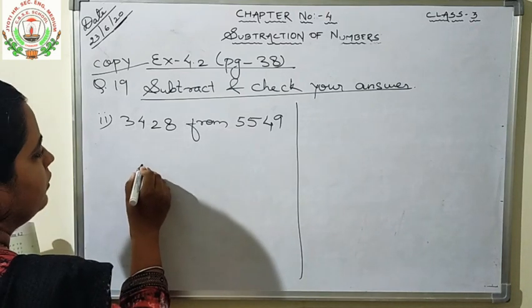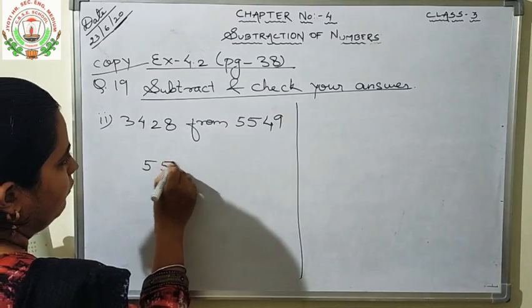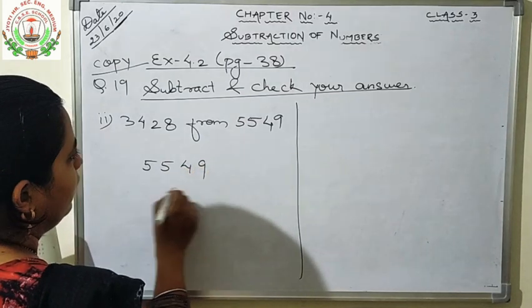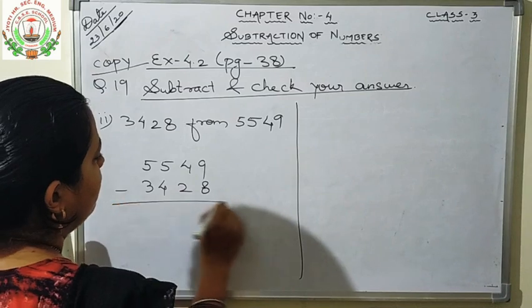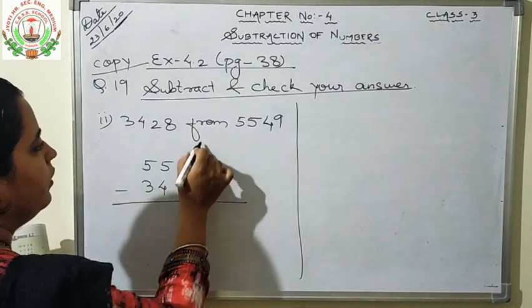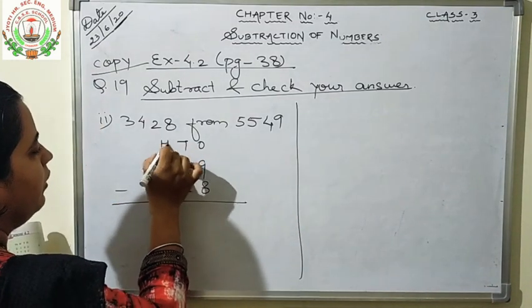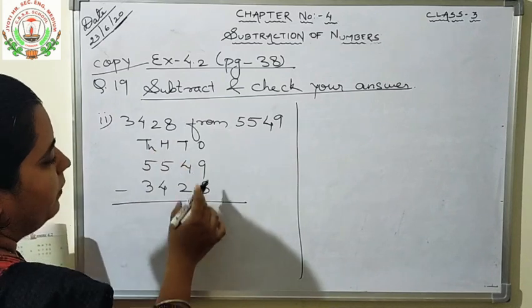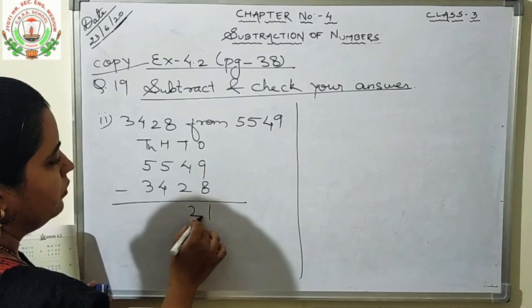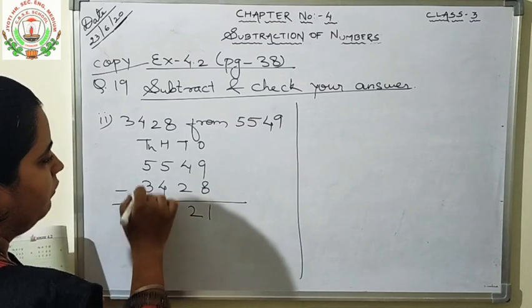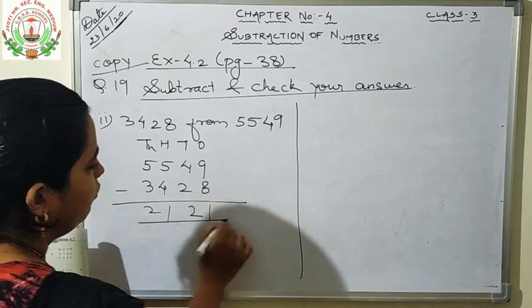Okay, first you will write the question, 5549 minus 3428. Then you will write the place values of the number: ones, tens, hundred, thousand. Then you will subtract. 9 minus 8 is 1, 4 minus 2 is 2, 5 minus 4 is 1, 5 minus 3 is 2.